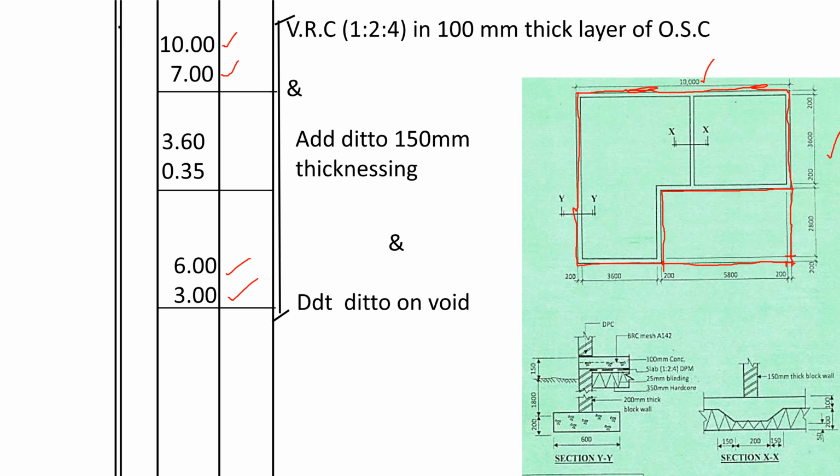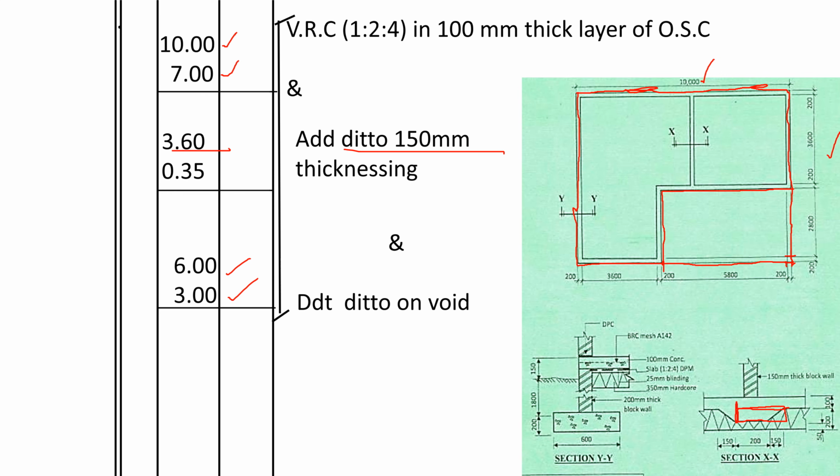So then we shall add the thickening. When you are adding thickening, you see the volume of the concrete, the thickness is 150, so it's measured in square meters. So what is the thickness of the trench? It is 350, because we say that this concrete shall form a rectangle here. This one is 200, we shall add 150, we shall form this way.